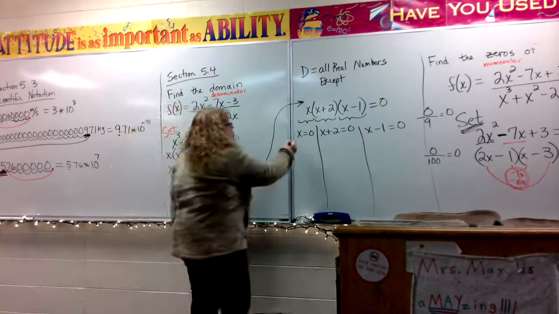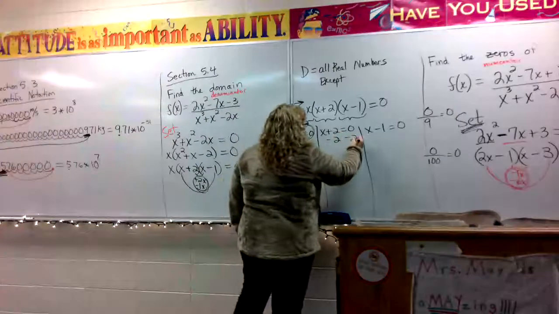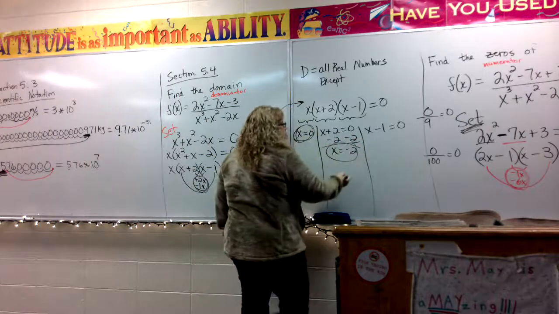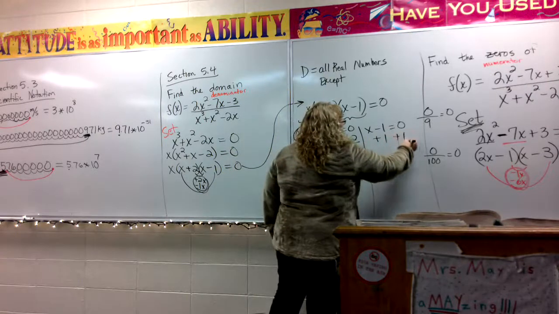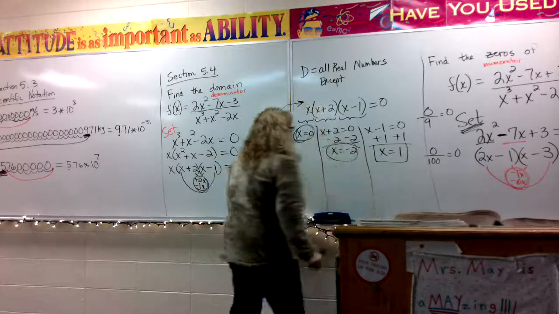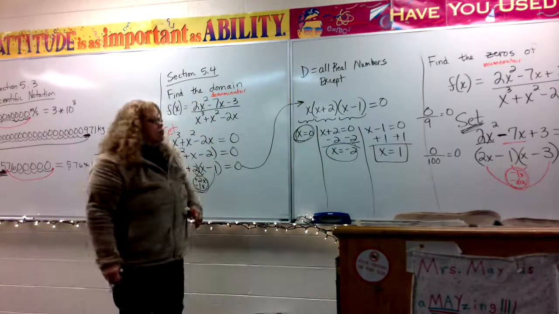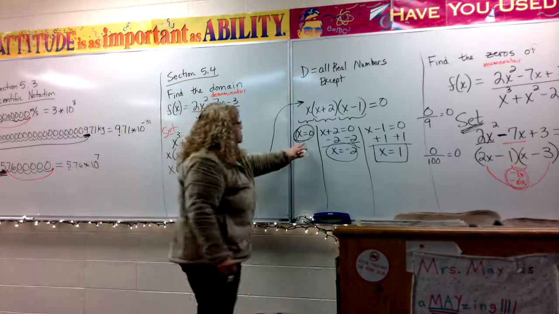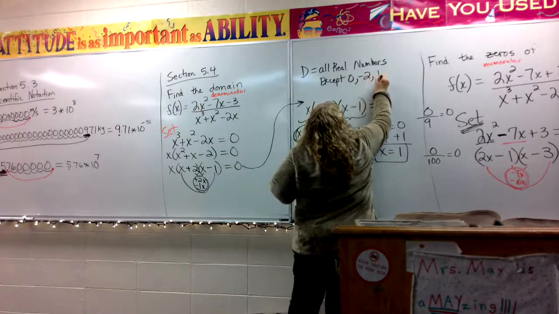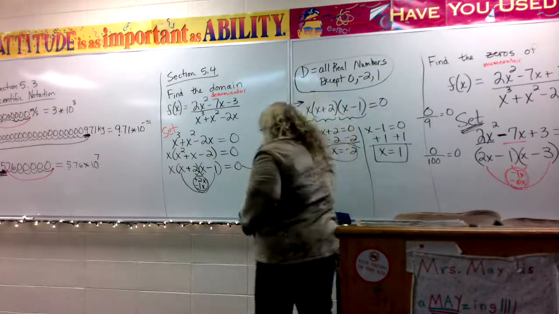So that would be 5.76 times 10 to, how many places did I move the decimal? 1, 2, 3, 4, 5, 6, 7. Times 10 to the 7. Does that make sense?